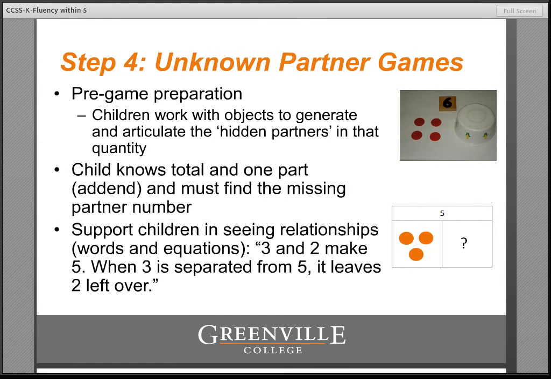Okay, so then we know the total. In the picture, the total is 6. And we're going to try to find a missing addend. So one child covers their eyes and the other child hides some of them under a cup. And then they actually can see one part but not the other, and they have to figure out what the other part is.